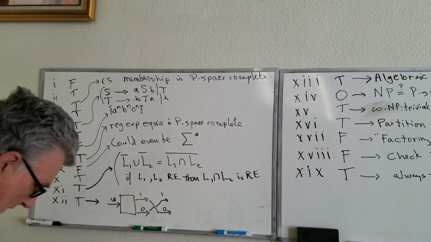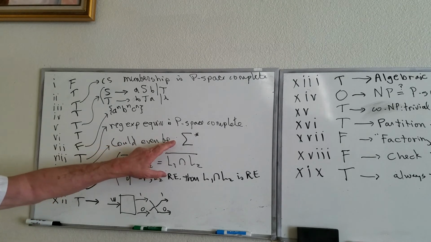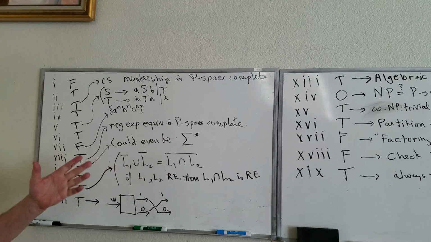In other words, if you take two undecidable languages and then take the union, they could cover each other's gaps, and the union could be decidable. No, the union could be all strings, which is decidable.